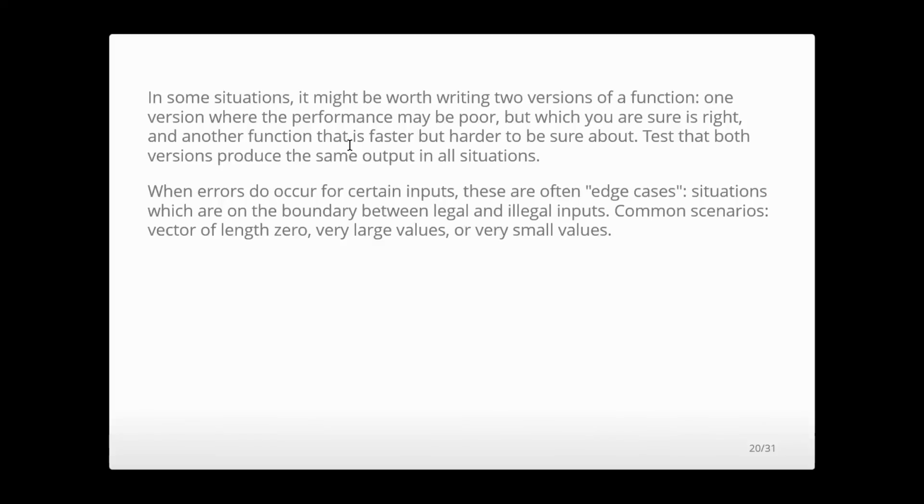So if you're using the log function and you give it a negative number, it's obviously going to give you an error, right? But maybe you're giving it very small values. You're trying to do something and you're taking the log of it. And if you give it 0, it's going to give you what? Negative infinity or not a number or something like that, right?